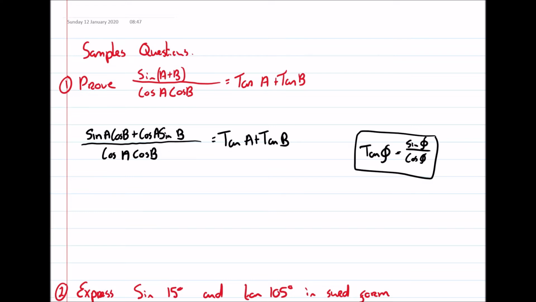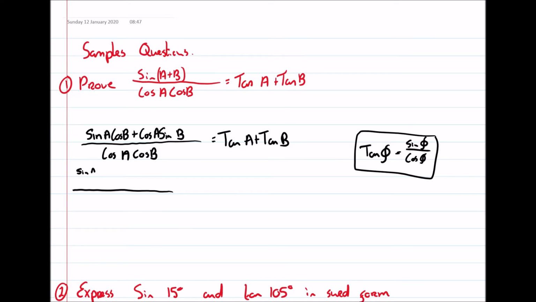Right, so what I'm going to do is take this sine A cos B and this cos A sine B as the numerator, and the denominator, cos A cos B, and I'm going to divide top and bottom by cos A cos B, and you're going to see why in a second.